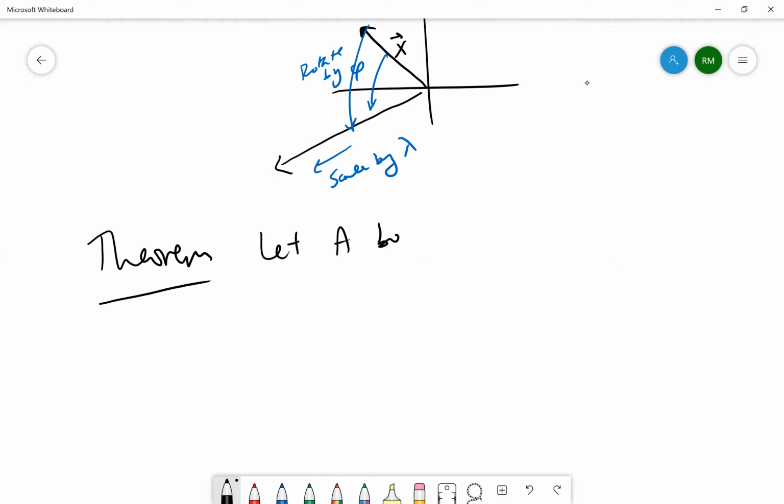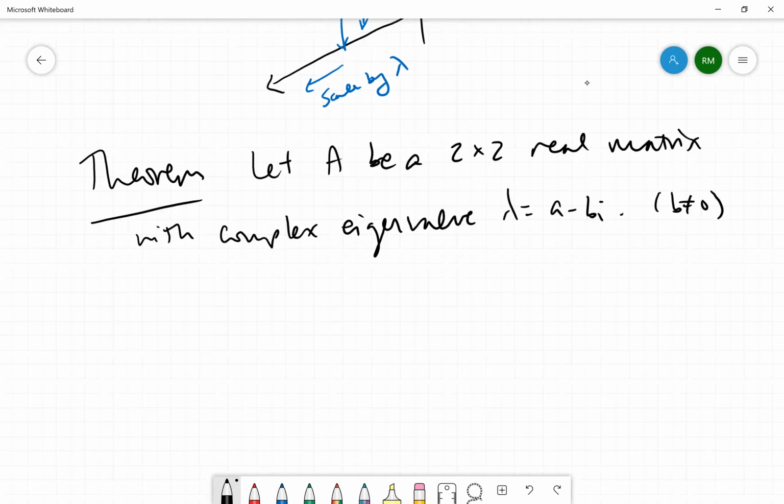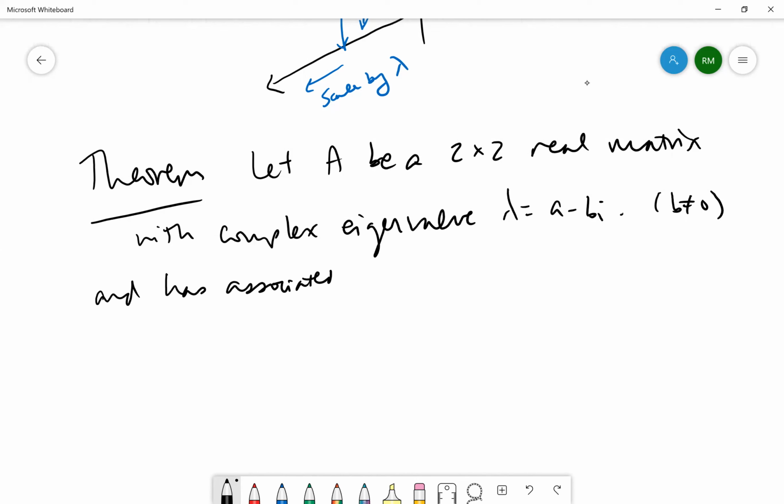Let A be a 2x2 real matrix with complex eigenvalue lambda equals A minus Bi, where B is not 0, and it has associated eigenvector v.